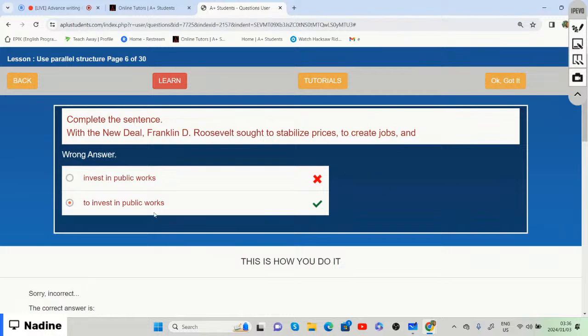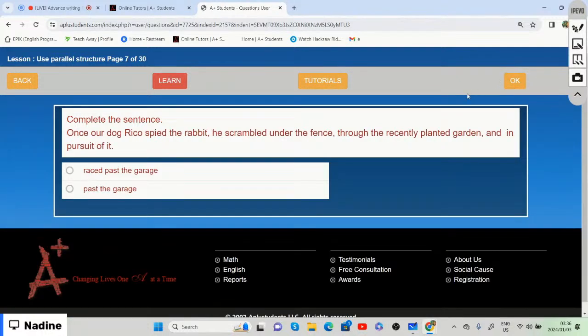Do you see it's basically sometimes only one word? So it's to invest in public works, not just "and invest in public works." Sometimes it's only one word that separates it.